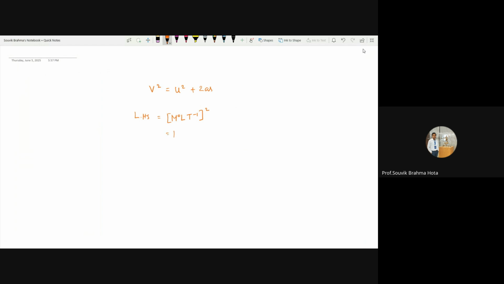So you can write it as m0 L square t to the power minus 2.